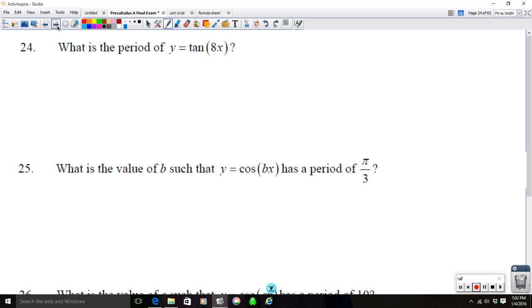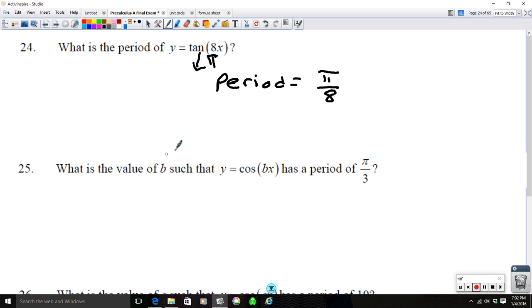Now, question 24, the period of y equals tangent of 8x. Since we have tangent here, and tangent's period is pi, our period is going to be equal to pi divided by this value here, which is 8.